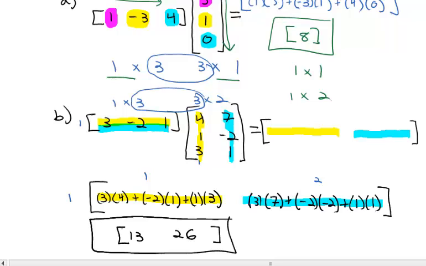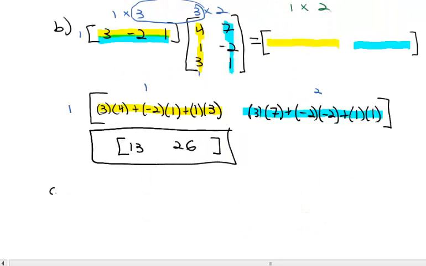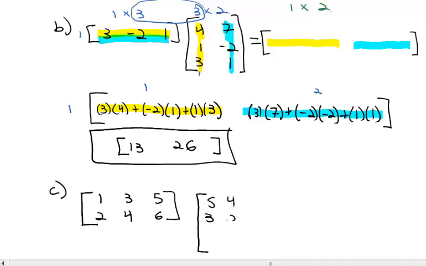Let's try one that's a little more involved. Multiplying rows times columns. Let's do 1, 3, 5, 2, 4, 6, times the matrix 5, 4, 3, 2, 1, 0.